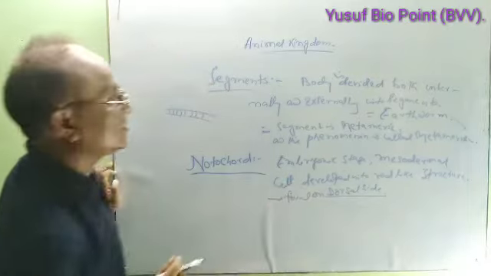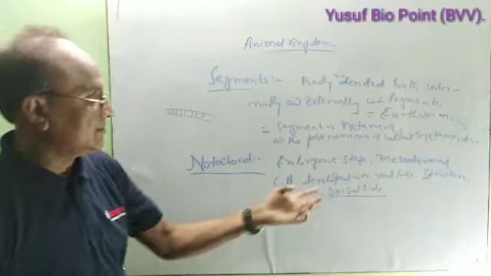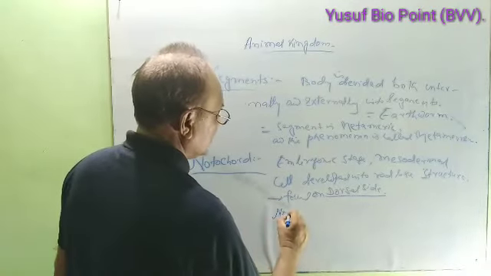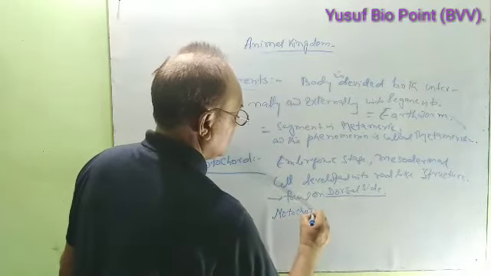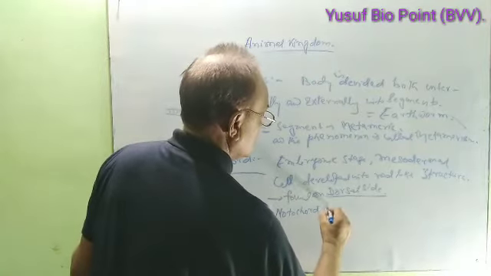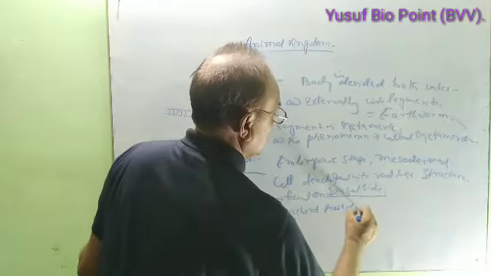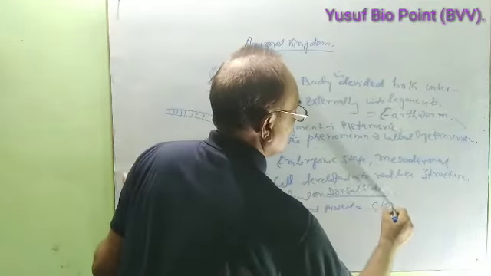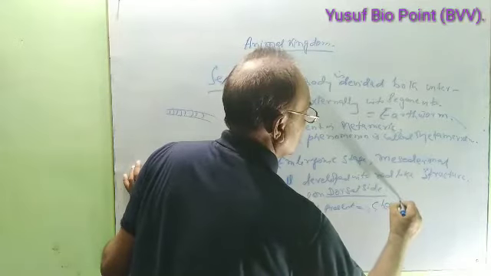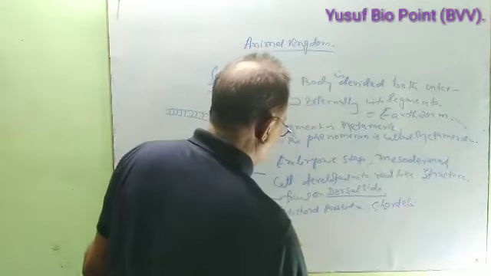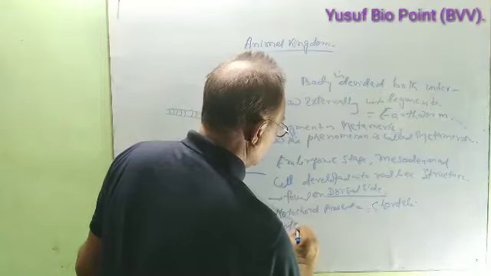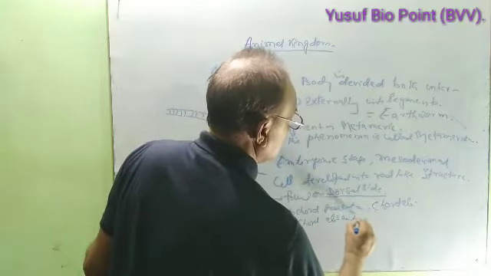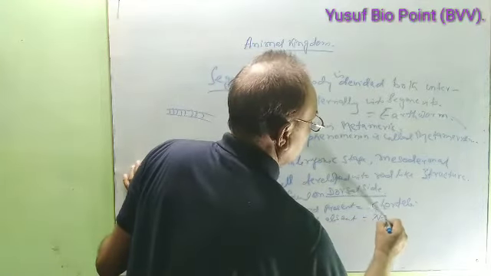This rod-like structure is called notochord. If in some animals the notochord is present, that is called chordate, and if the notochord is absent, that is called non-chordate.